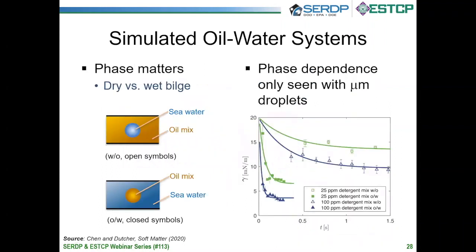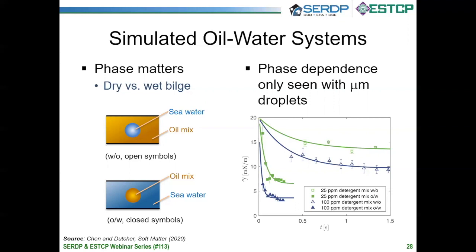The other thing we see, and this is quite interesting, is that the phase matters for these small droplets. So I've described all of this in the context of a wet bilge where you have oil and water. You can also have water droplets in the oil-rich phase. If you perform experiments on a pendant drop on the millimeter scale, with the same chemical composition, and you look at the interfacial tension as a function of time, you're not going to see a lot of difference in the interfacial tension profile.